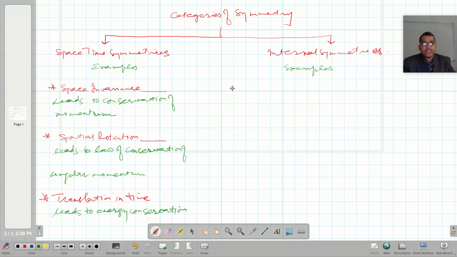And here are a few other examples of the internal symmetries. So let me first of all talk about rotation in isospin space, and this leads to isospin conservation.